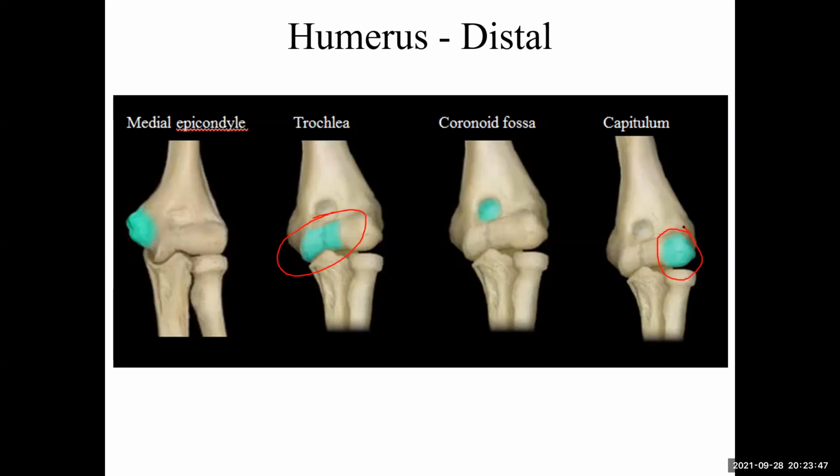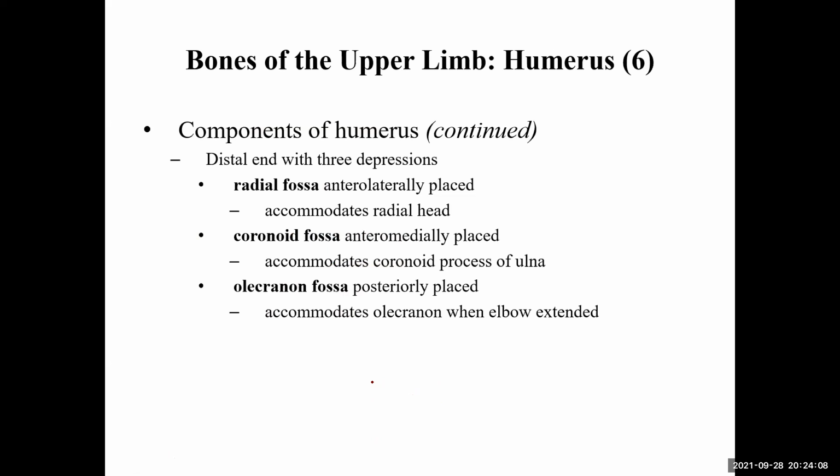The capitulum is just like a ball, whereas the trochlea, to me, looks like a bow tie. Some people describe it as a dumbbell, but it kind of looks like that. I got better pictures. Okay, so the trochlea is going to be more medial. It articulates with the ulna. The capitulum is going to be more lateral, and that articulates with the radius.